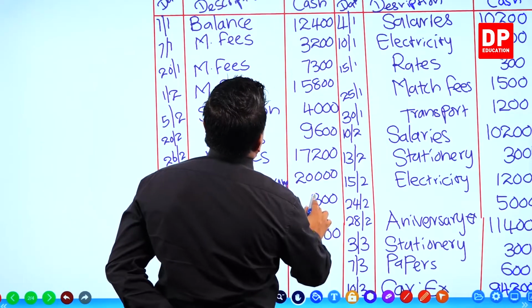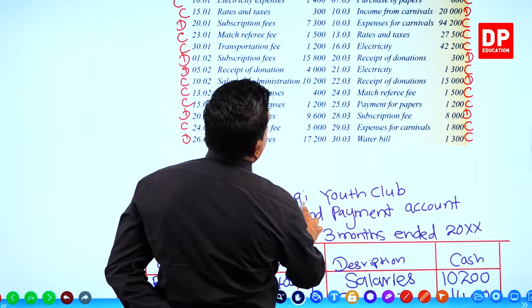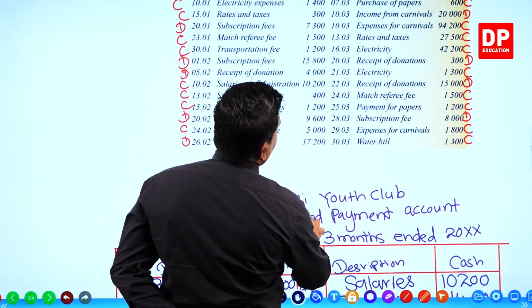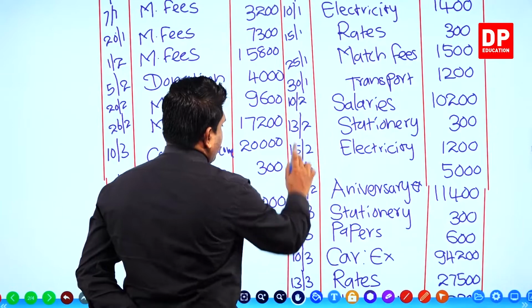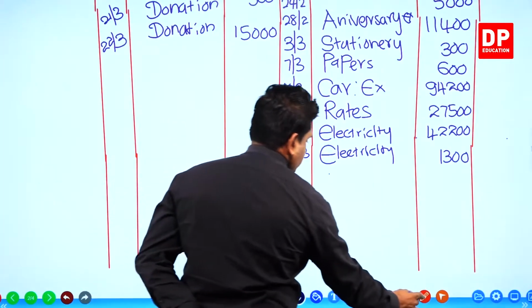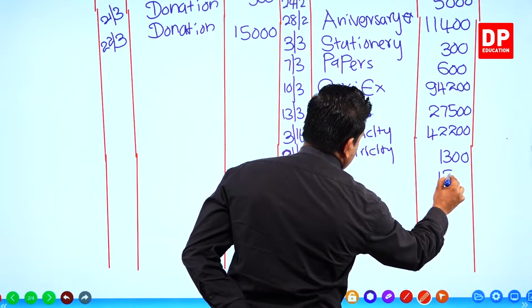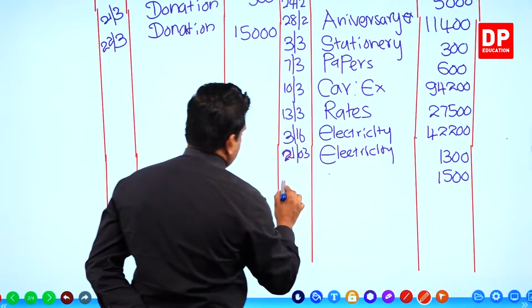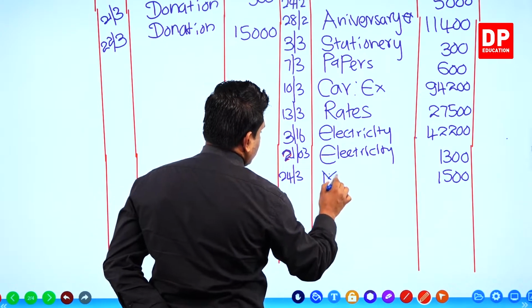Now next, match referee's fee 1500, 3/24, right? Match fee.